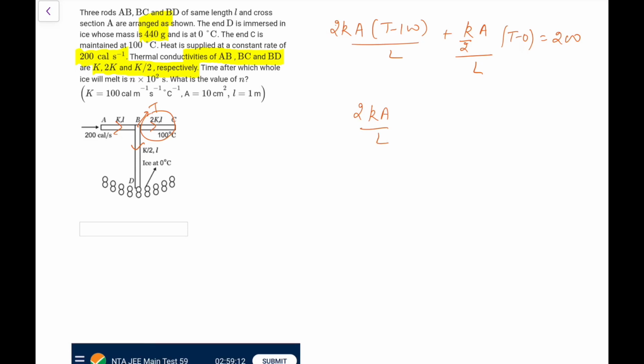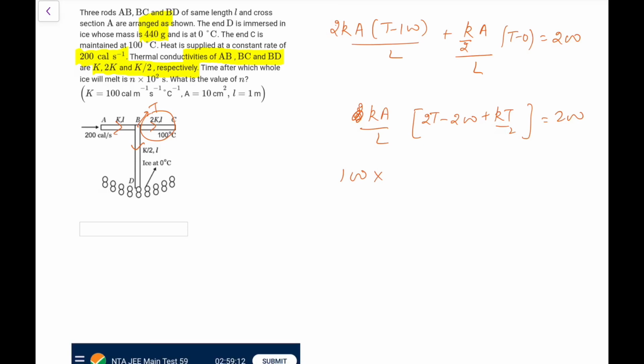So we have 2KA upon L into (T minus 100). I take KA by L common, so I will have 2T minus 200 plus T by 2 equals 200. The value of K is given, that is 100 calorie, so keep it in calorie, no issue.